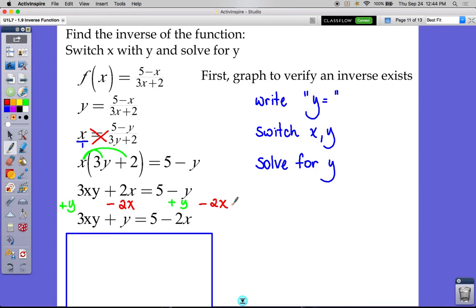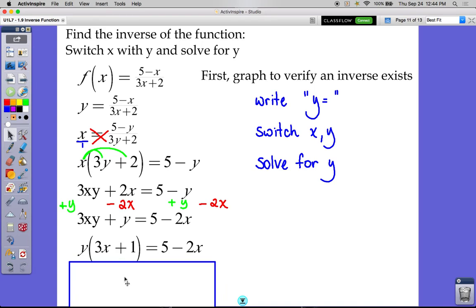Finally, I have y in both of these terms here. So what I can do is take the y value out from each one. I'm factoring out the y because I'm almost done now. Y parentheses 3x plus 1. I had to get rid of that parentheses 3x plus 1 that's being multiplied to the y.